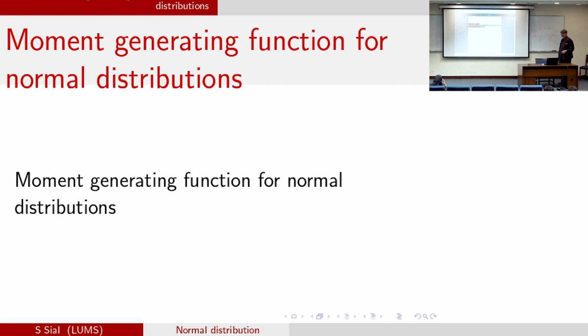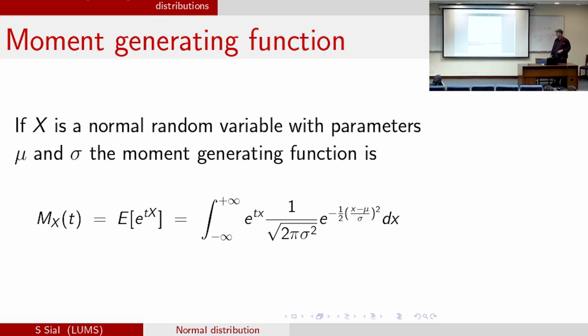Okay. We discussed the moment generating function for the standard normal. What about the family of normal random variables? What is it? So once again, it's the expectation of e to the tx. So e to the tx, times the PDF, and then you have to integrate from minus infinity to plus infinity.